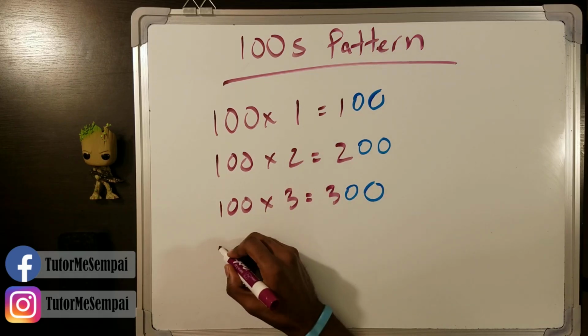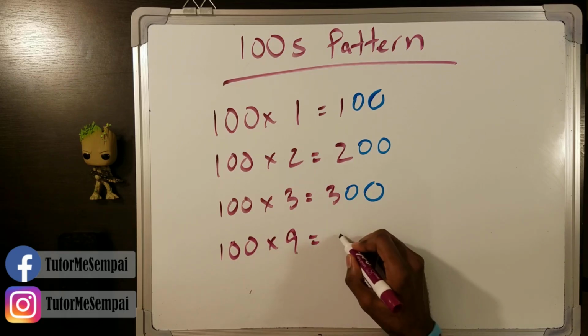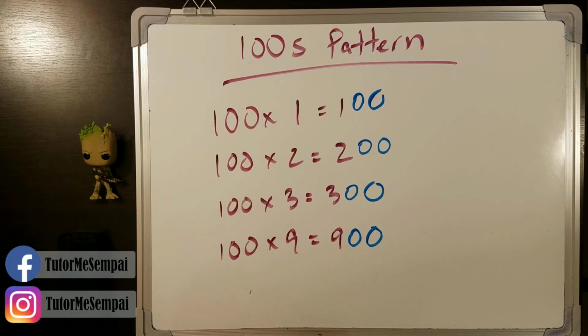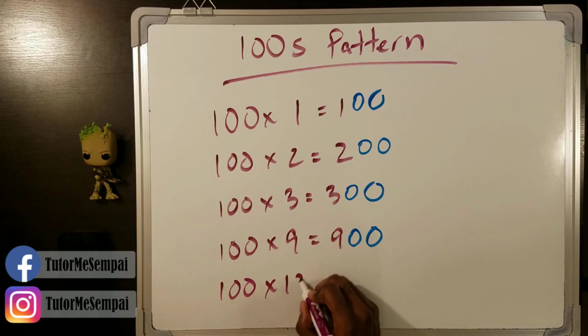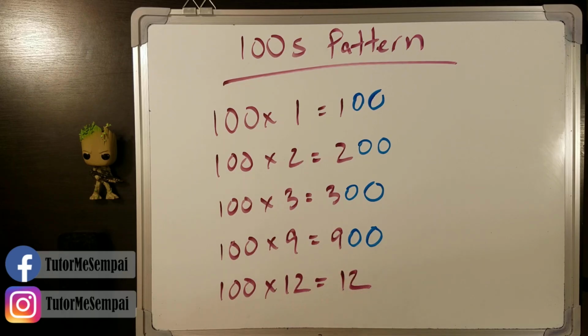Let's skip down to 100 times 9 is going to be 900. Let's skip down to 100 times 12. Whoa. 100 times 12. Well, that's going to be 1,200. Do we see a pattern here?